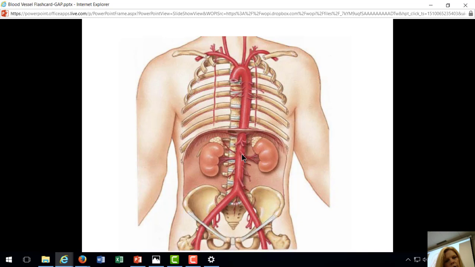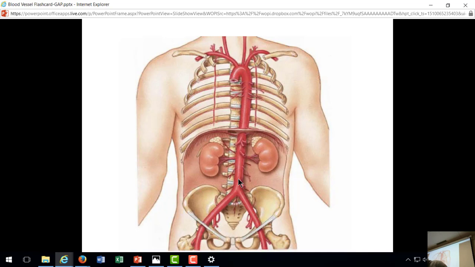The next vessel going down is the superior mesenteric artery, and that's that nice thick singular vessel there, and that serves a lot of the digestive tract as well. So that branches to serve most of the small and large intestine. So superior mesenteric. We can compare that to this lower one here, which is the inferior mesenteric.